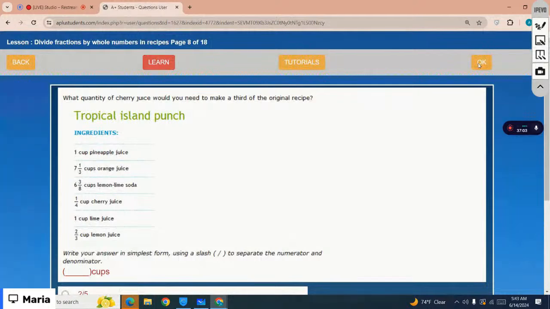What quantity of cherry juice would you need to make a third of the original recipe? So, which is the correct option? Cherry juice, you need 1/4 for the original recipe, right? And for the third recipe, how much you have to use?